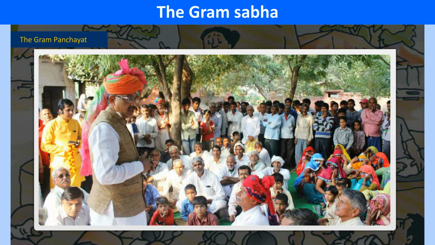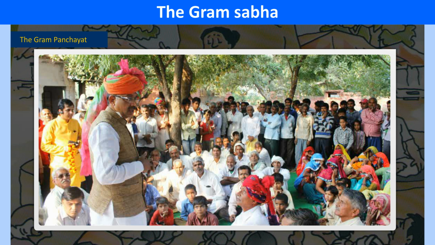The Gram Panchayat. Every village Panchayat is divided into wards, that is, smaller areas. Each ward elects a representative who is known as the ward member, Panch. The Sarpanch and the ward members, or the Panchs, form the Gram Panchayat. Gram Panchayat members are elected for a period of 5 years.